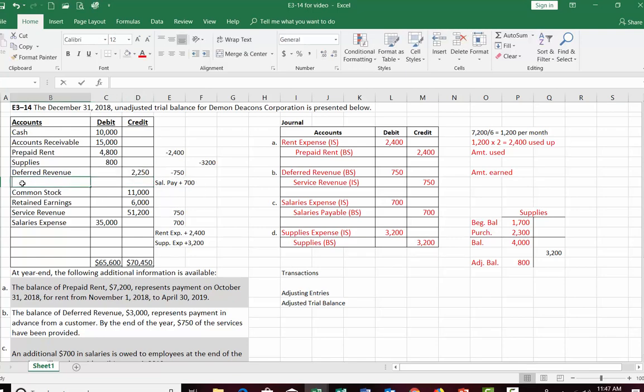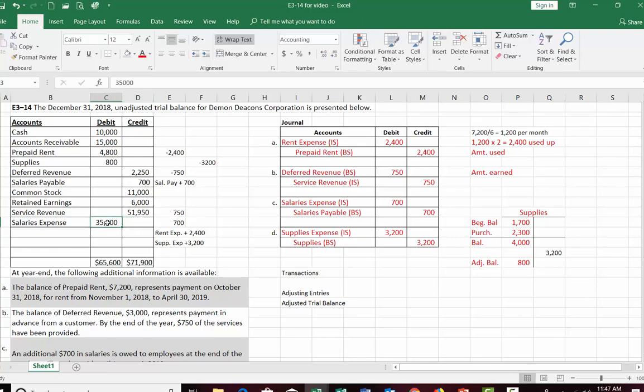We're going to add in salaries payable, which is also a liability. We put the liabilities in order. Remember, we have assets, liabilities, equity, revenue, and expense on our trial balance in that order. Now we're going to add in our service revenue. So our service revenue is equal to 51.2, which is what we had before, plus 750.